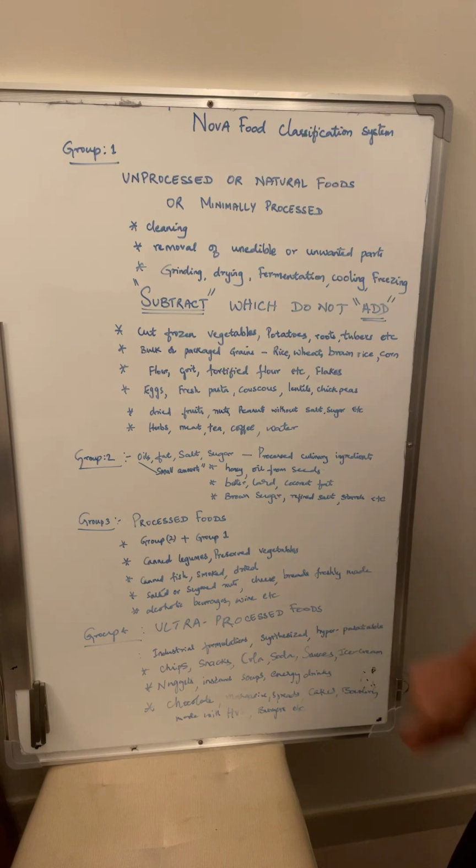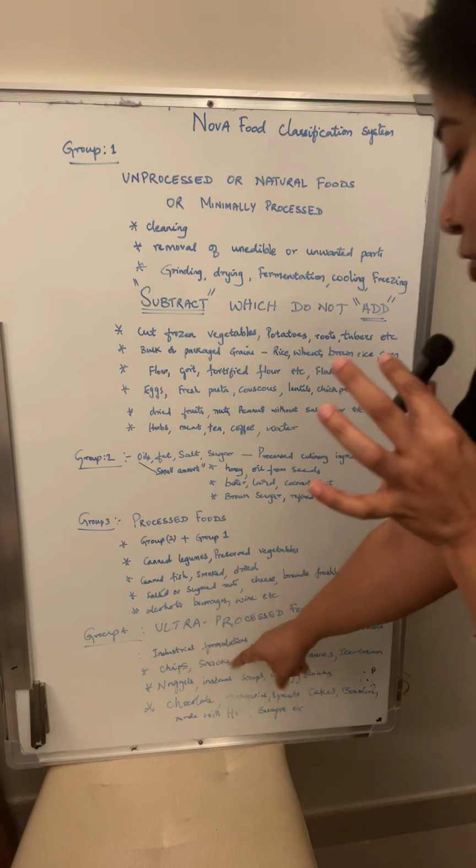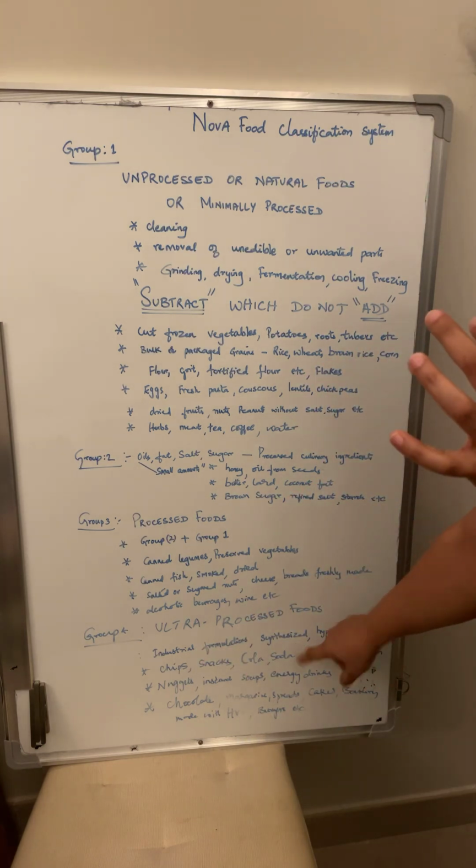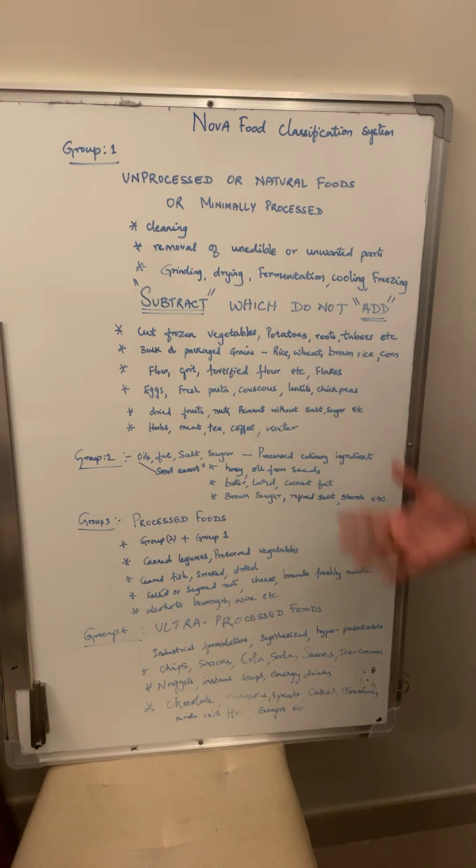Now coming to group 4, which is ultra processed food. Here it's industrial formulations, synthesized in the lab, made hyper palatable. I mean, you take something, you grind it, you add sugar, you add oil, you add everything in excess and make it edible.